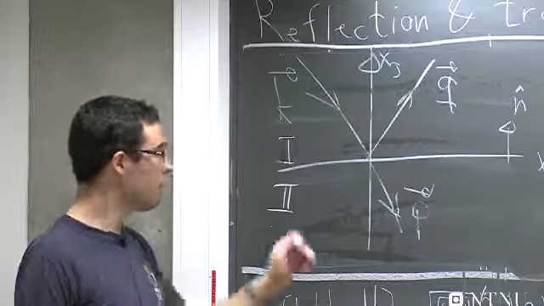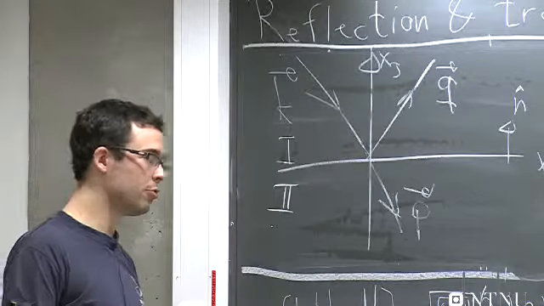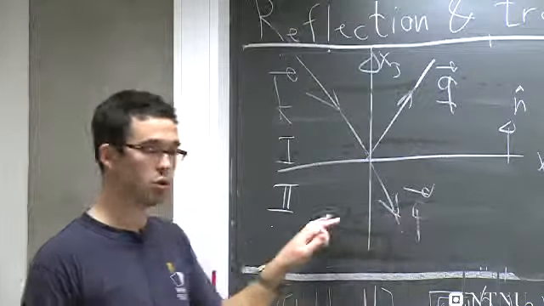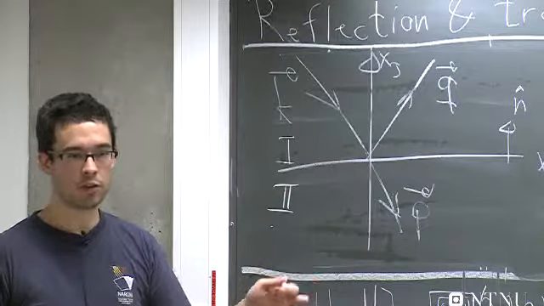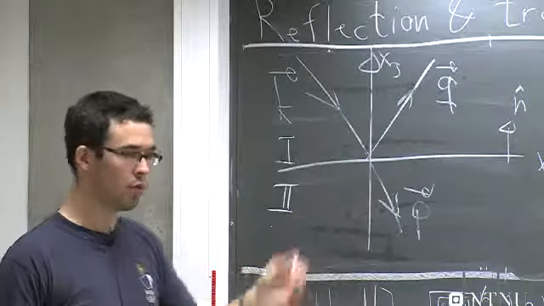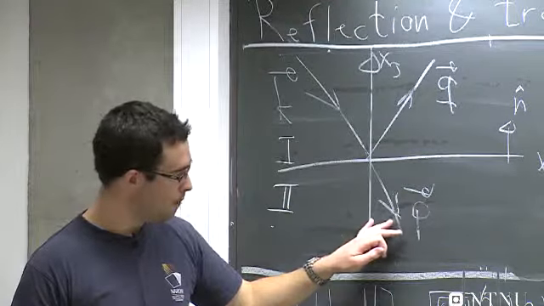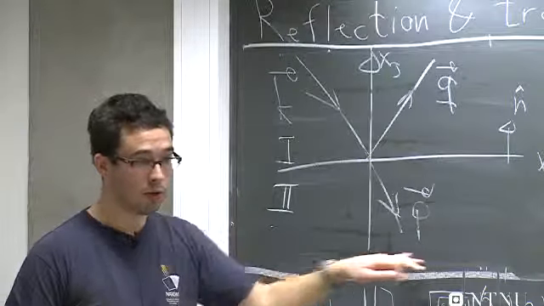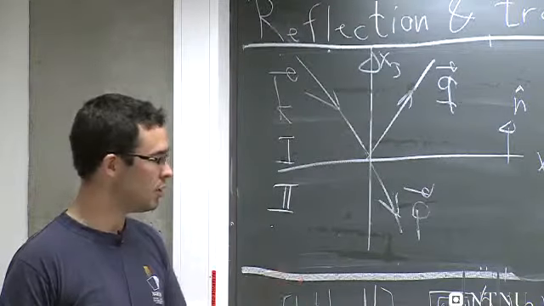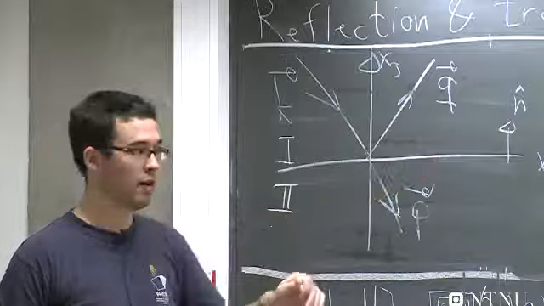So if I send in light here, I can't have a wave propagating upwards in medium 2. Everyone agrees, right? There's no source for that wave. If I had something down here, it could happen, but there's not at the moment. So there should be no return wave.